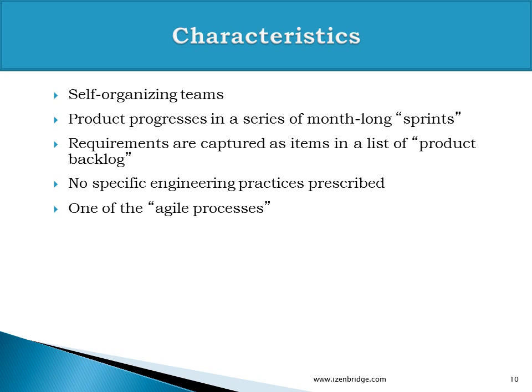There is no specific engineering practice prescribed in Scrum. Usually teams use Scrum along with many XP practices, but as far as Scrum is concerned, the Scrum methodology is not recommending any engineering practice, and it's one of the agile processes. So it follows agile values and principles.